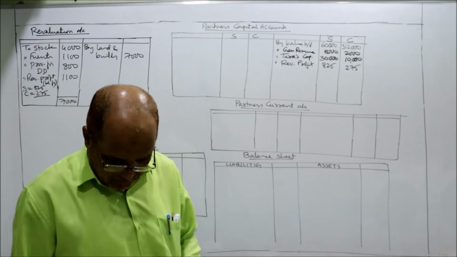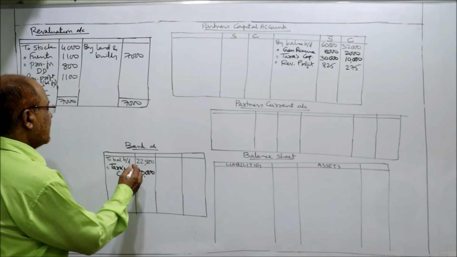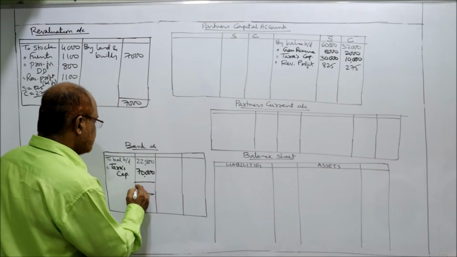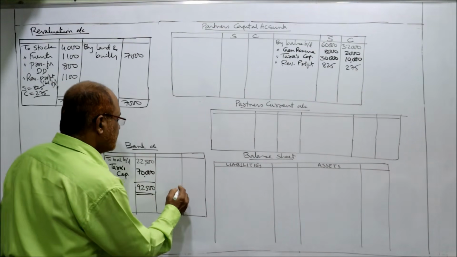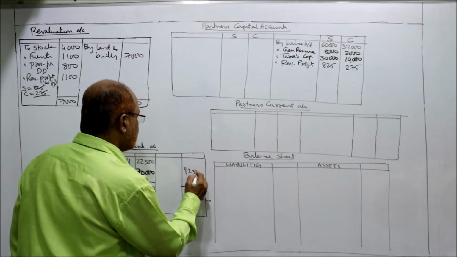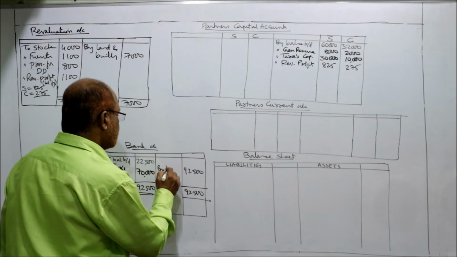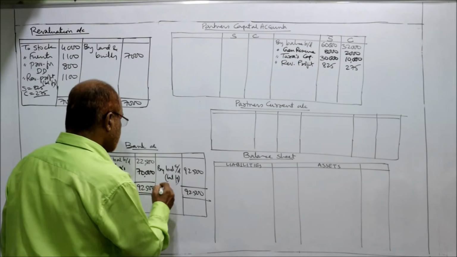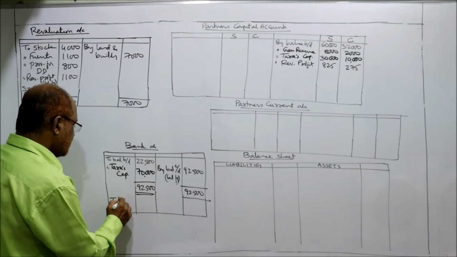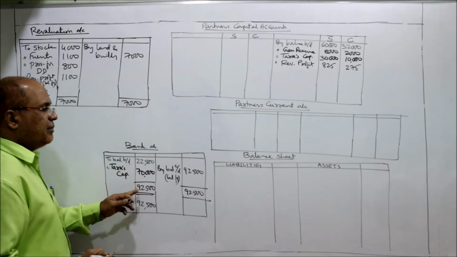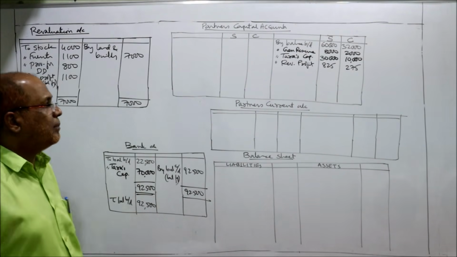Then bank account, we will find out the balance. 92,000, find it. 92,500 will be the bank balance. This will come in the balance sheet.